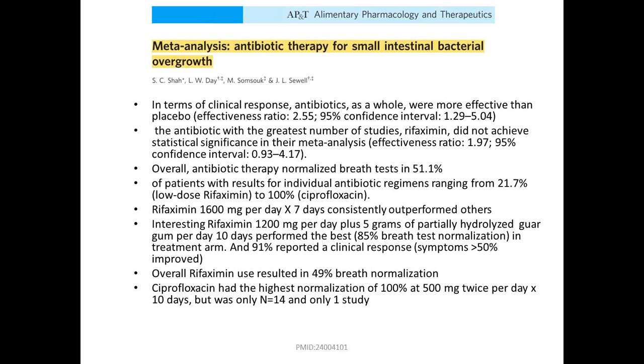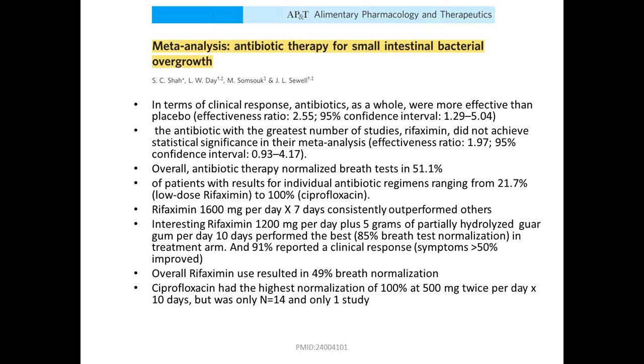The problem with this systematic meta-analysis is that overall it did not really reach statistical significance for antibiotic use to treat small intestinal bacterial overgrowth. However, if you tease apart some of the individual studies, there were studies large enough on their own to stand as statistically significant for antibiotics being a treatment choice.